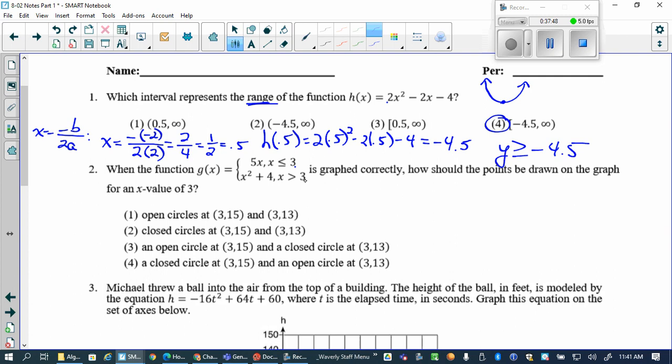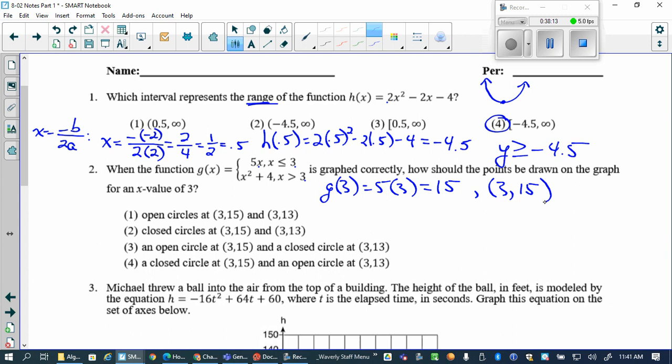So why don't we figure out what a value of 3 gives us for the first one? So what is actually g of 3? It's going to be 5 times 3, which is 15. And what are the coordinates of that point? So that would be 3, 15.